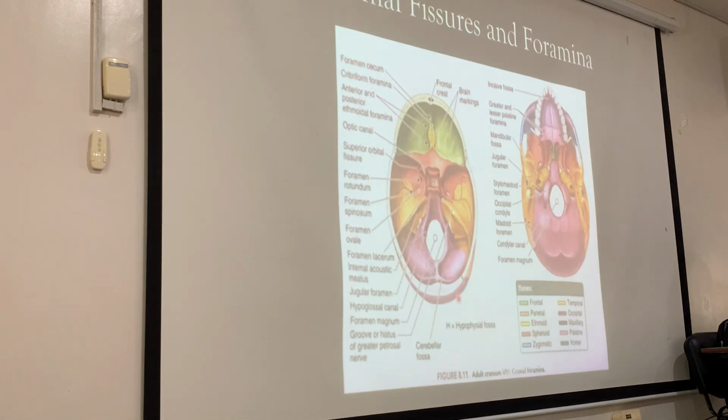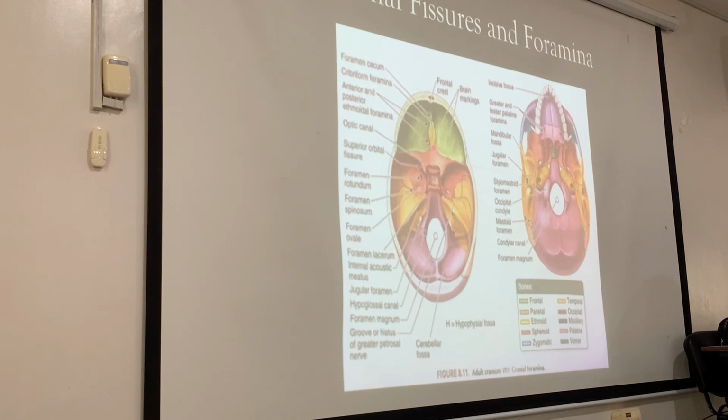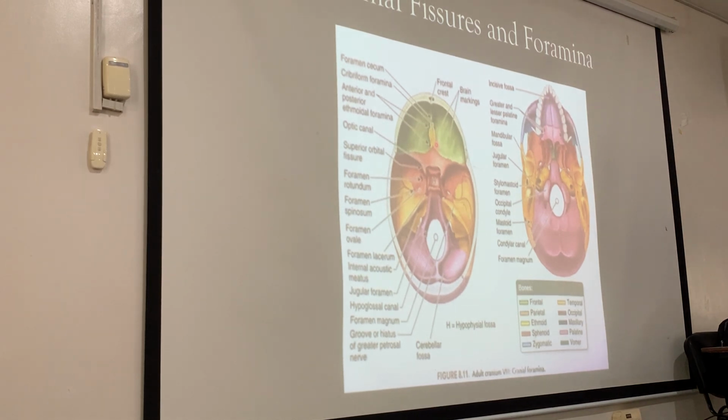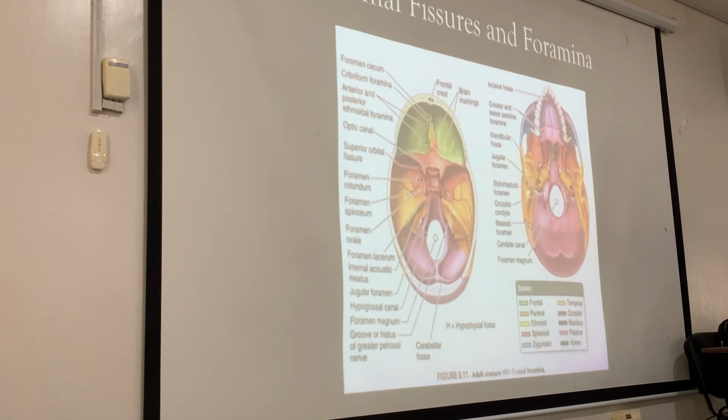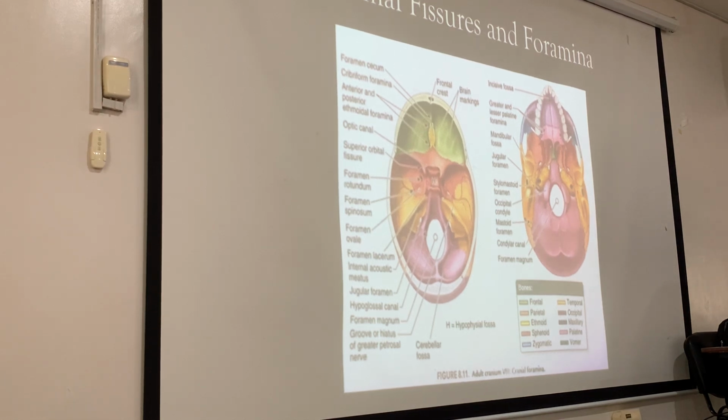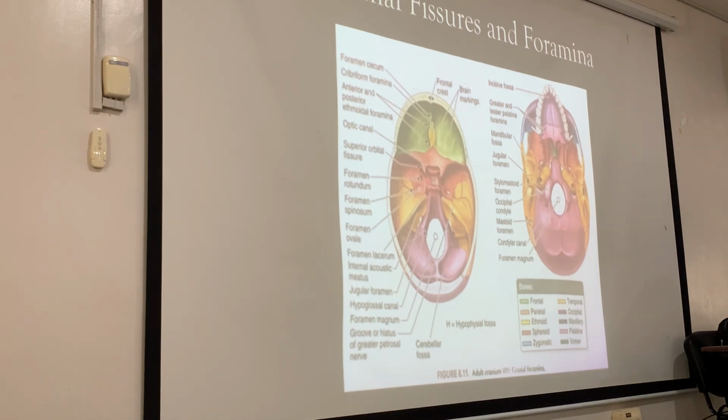Okay, so examples of the different cranial fissures and foramina. So here we have fissures, we have foramina where cranial nerve 1 will go in from the nose going into the brain. And then we have the optic canal where cranial nerve 2 exits the brain and goes into the eyes.